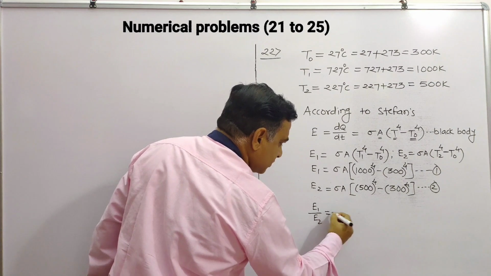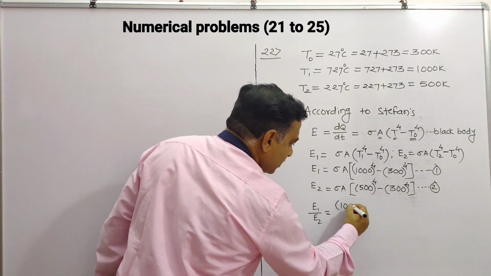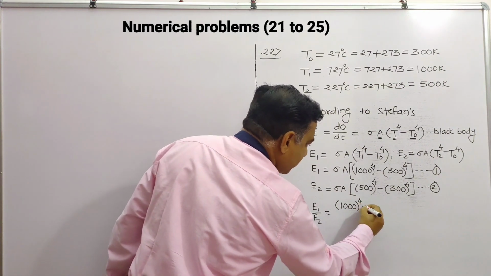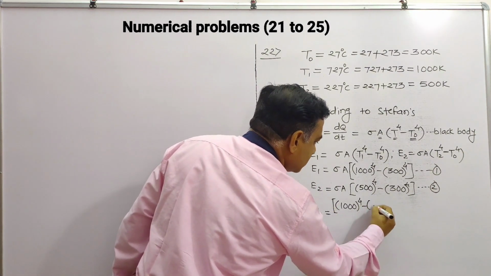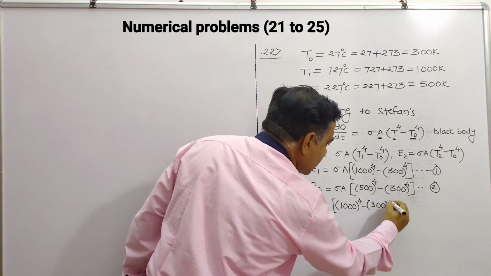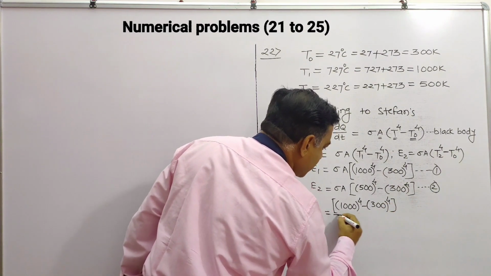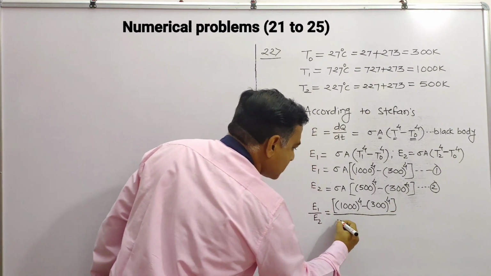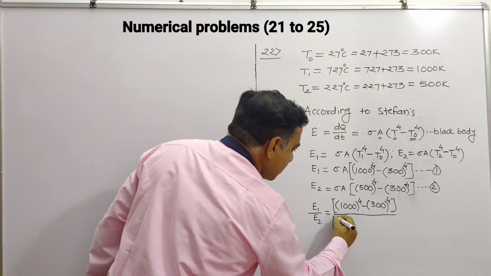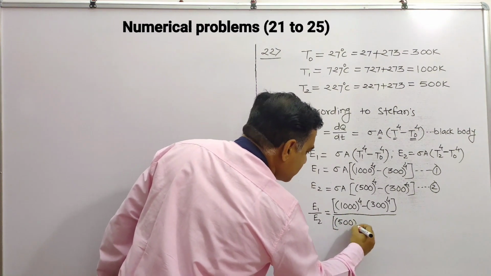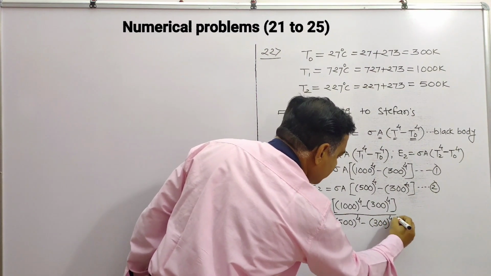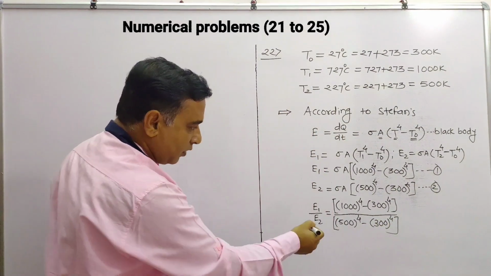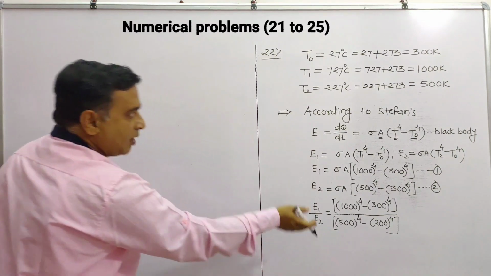So here it is, in square bracket, 1000 raised to power 4 minus 300 raised to power 4 upon, what about this, in square bracket 500 raised to power 4 minus 300 raised to power 4. Now after this step I am going to solve.